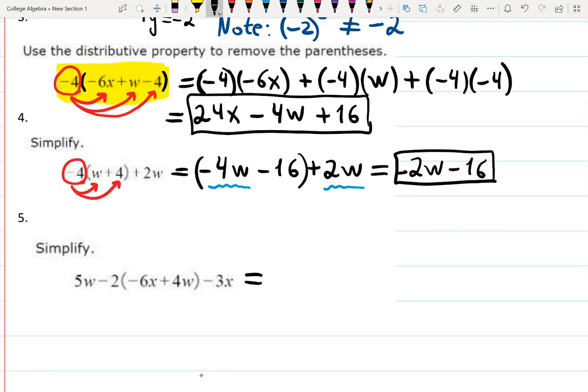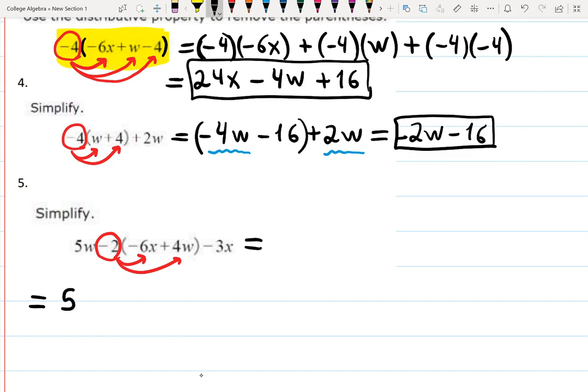So in this example, I'm first going to distribute minus 2 into the terms inside of the parentheses, but keep rewriting terms outside of those parentheses. So 5w stays like it is. Then I start distributing minus 2. So let's be careful. I will have minus 2 times minus 6x.